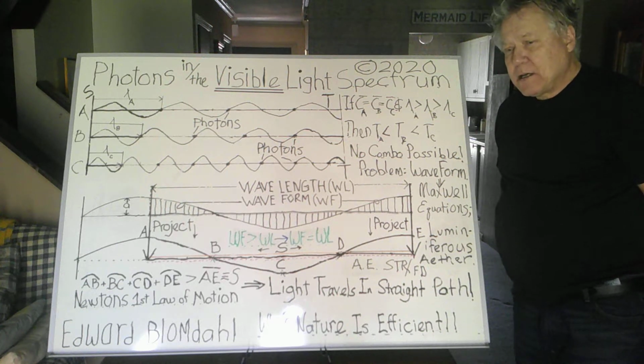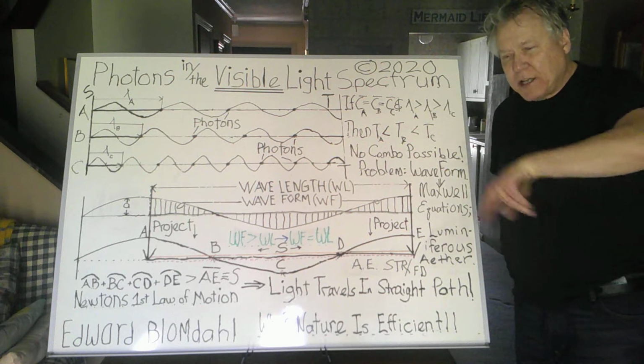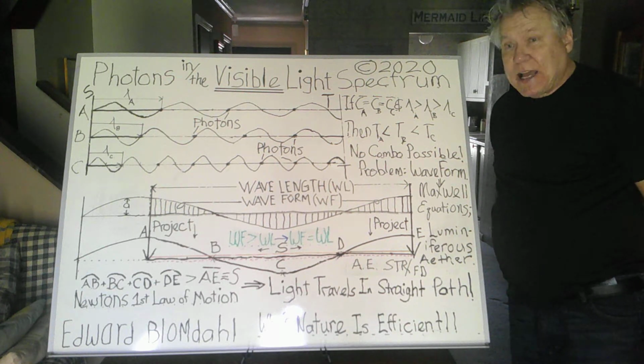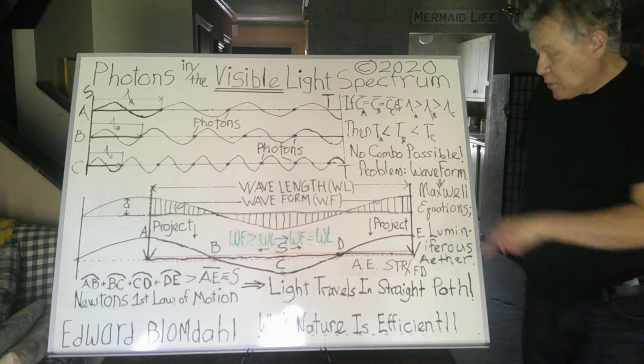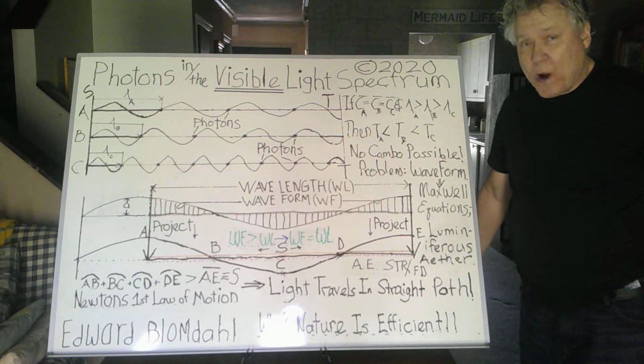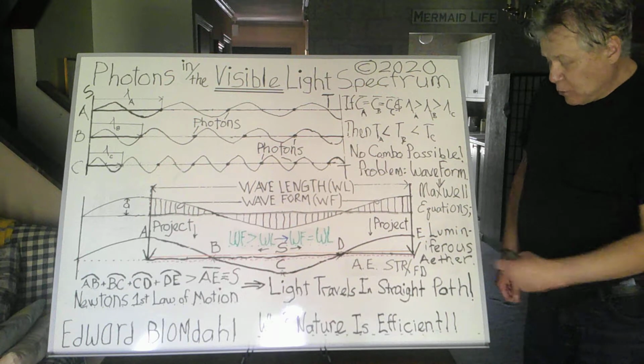It's sort of like if you've ever seen pictures or video of a rattlesnake going through the desert sand, or another snake going through the water, undulating back and forth. That's basically how they thought light passed through this luminiferous ether. In fact, Maxwell's equations are all based on waveforms. So that's what they thought, this luminiferous ether.